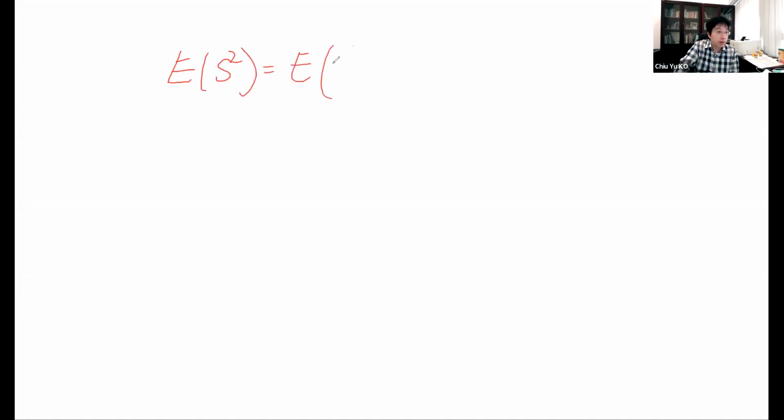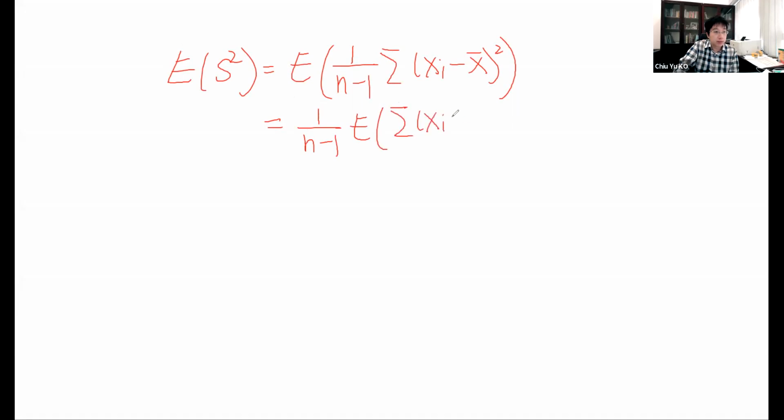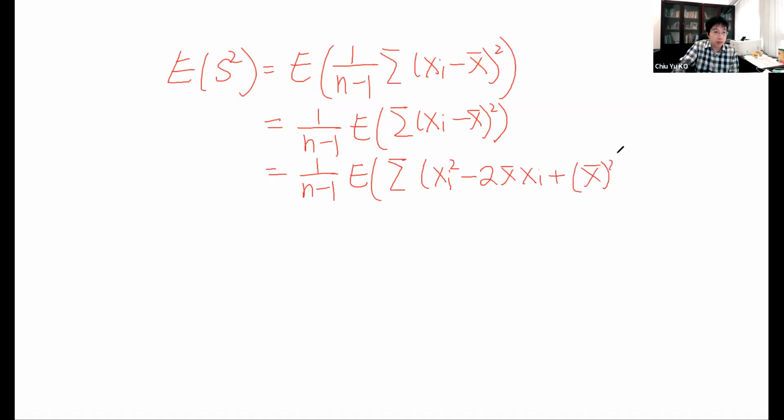So it will be 1 over n minus 1, expected summation xi minus x bar squared, taking n minus 1 out. Then a squared minus 2ab plus b squared, as we just said, will be xi squared minus 2 x bar xi plus x bar squared.